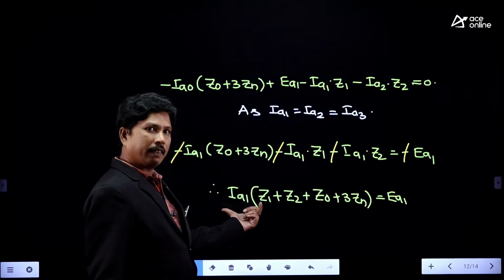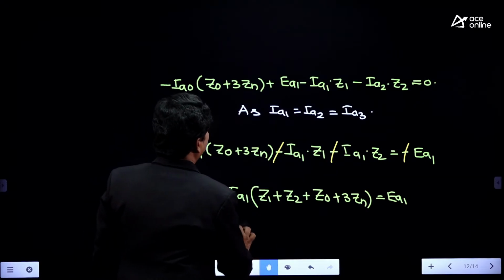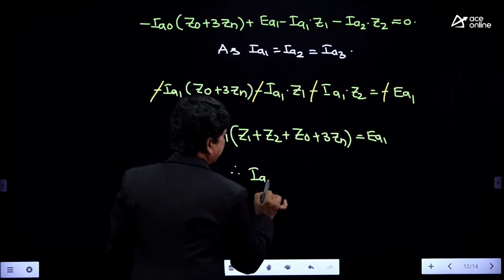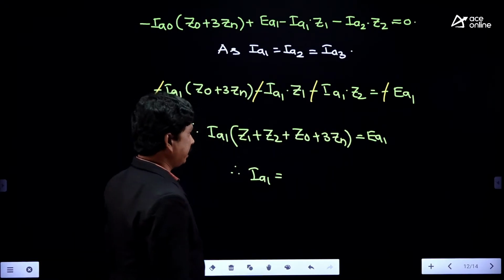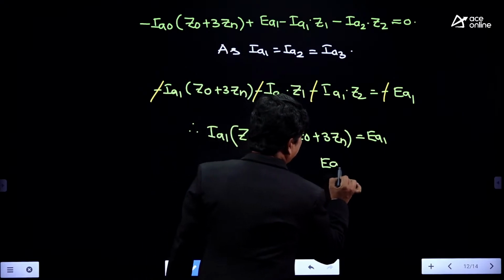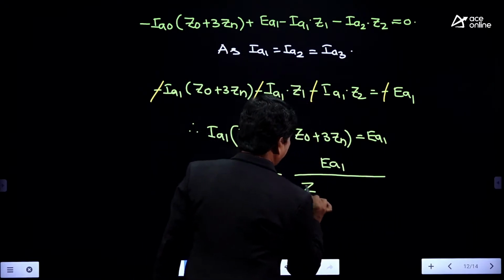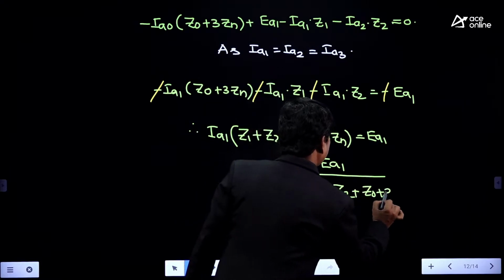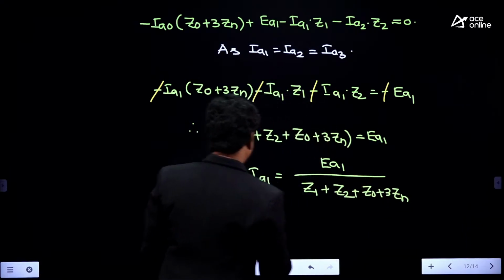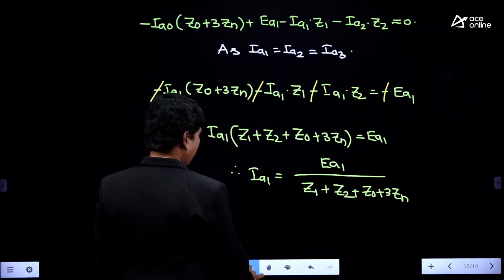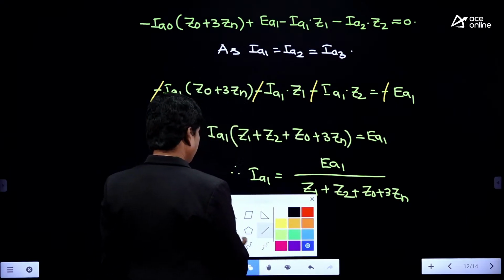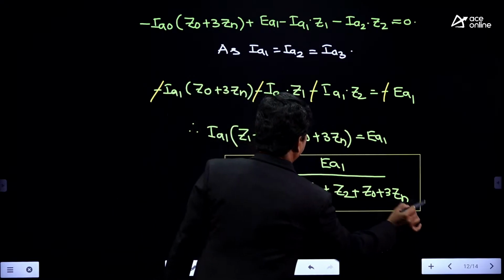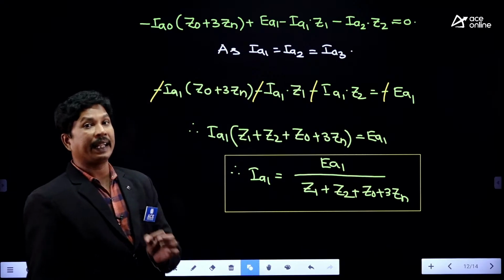So the value of IA1, the positive sequence current component, is equivalent to EA1 divided by Z1 plus Z2 plus Z0 plus 3Zn. That is the value of the positive sequence current for line to ground fault.